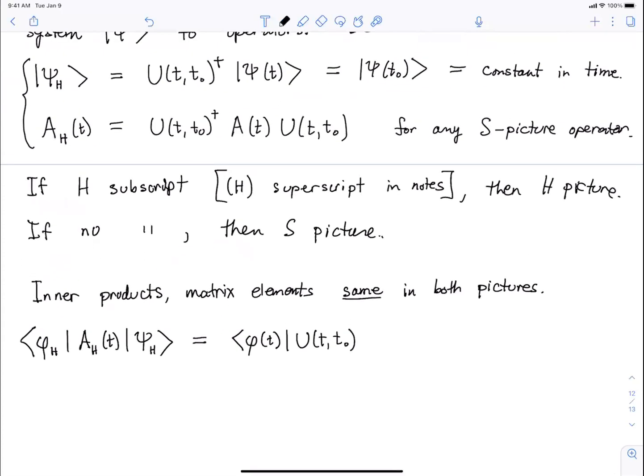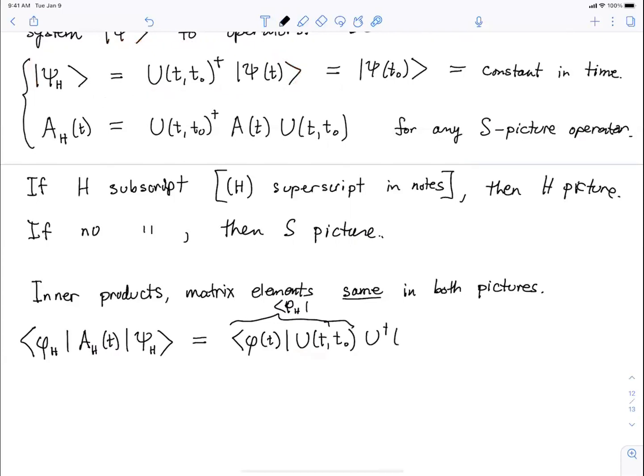Okay. So I'm translating to the Schrodinger picture, and so what I did here is I used for the phi this relation, but because I'm doing it for a bra, not a ket, when I take the Hermitian conjugate, this U dagger changes into a U. Okay, so that whole thing is my phi H bra. And then my A H, I can just read off.